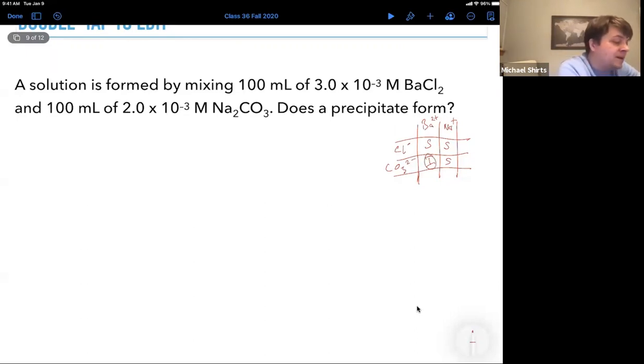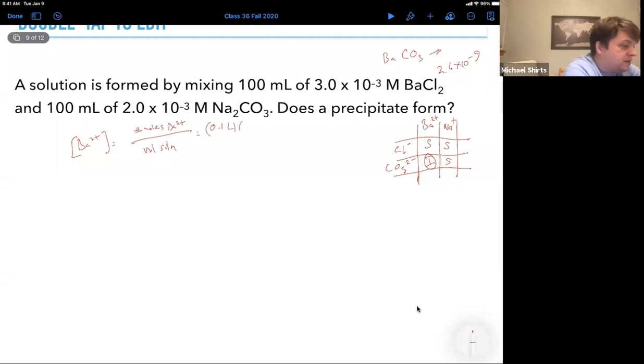So we should look up its KSP. In this case, the KSP of barium carbonate is, again, I didn't give this to you, I have to look it up. It's 2.6 times 10 to the minus 9. All right, so let's figure out what the concentrations of barium and carbonate ion are. So the concentration of barium is the number of moles of barium over volume of solution, which is 0.1 liters times 0.003 moles per liter.